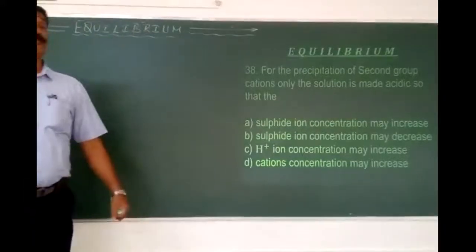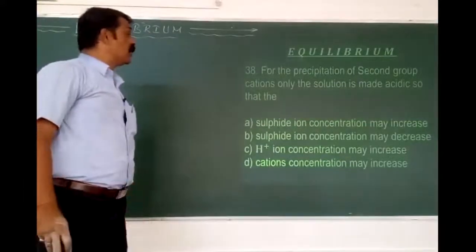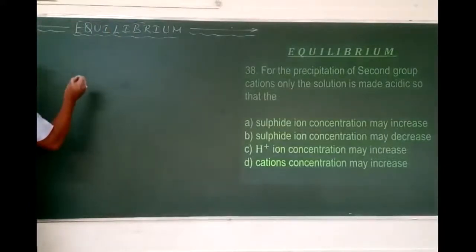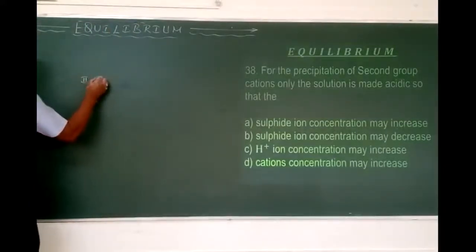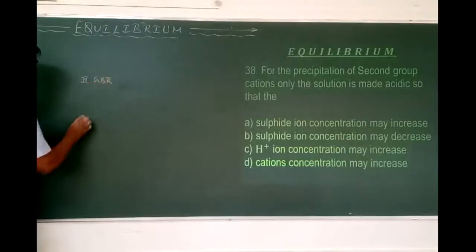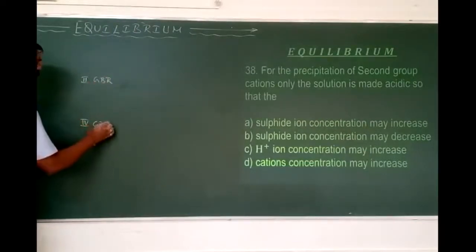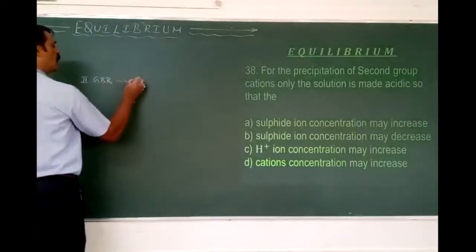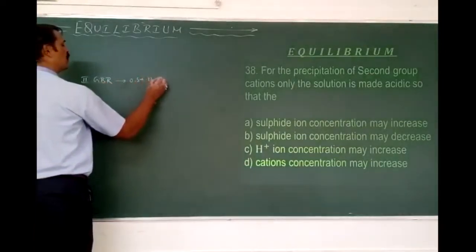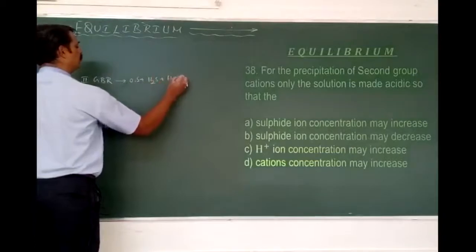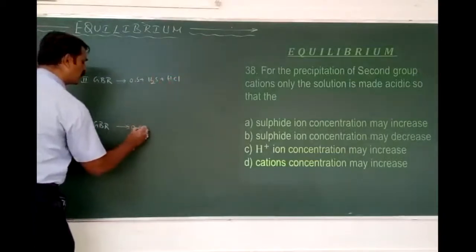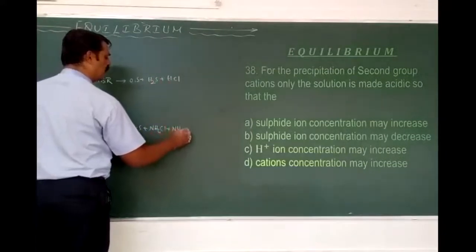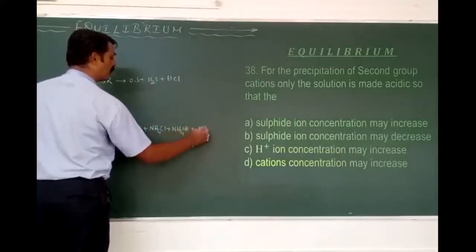For the precipitation of the second group cations, only the solution is made acidic. Why? Second group basic radicals, fourth group basic radicals. So here taking original solution plus H2S plus HCl. Here we are taking original solution plus ammonium chloride plus ammonium hydroxide plus HCl, H2S.